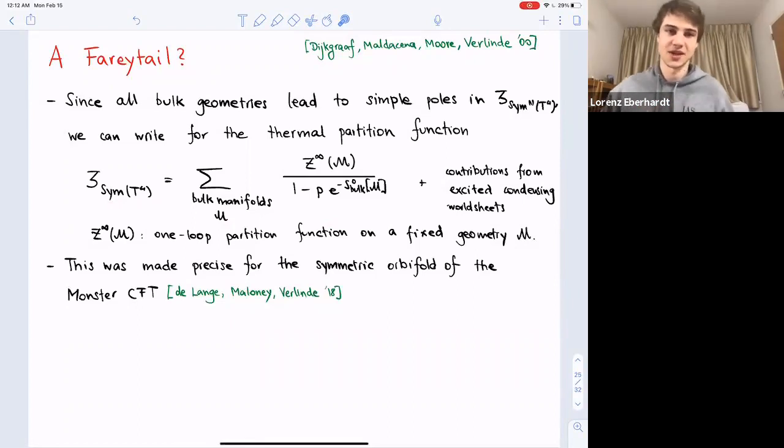So it's exciting that if you go to this grand canonical partition function, then you seem to get a very natural fairy tale sum. In gravity there's the classical fairy tale that works for the elliptic genus because it's protected, but to me it's not clear whether it's a general thing that should work also for the partition function.